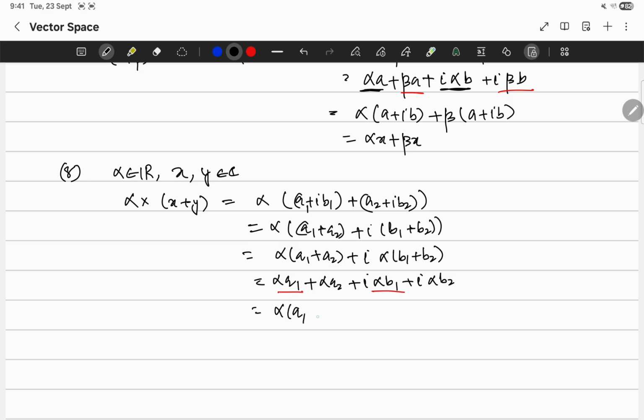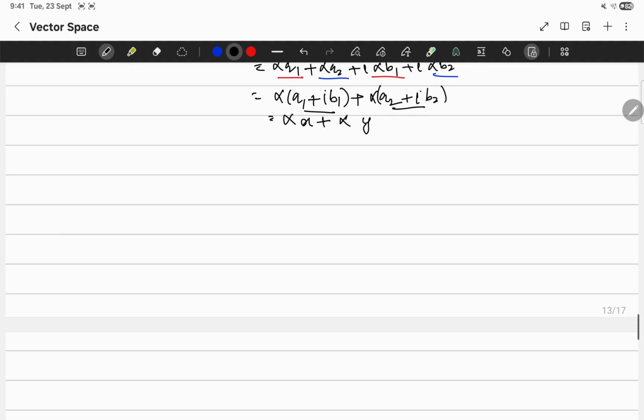Alpha common, A1 plus iota B1, plus alpha common, A2 plus iota B2. So it is alpha, this is your x, plus alpha, this is your y. So you got alpha x plus alpha y.